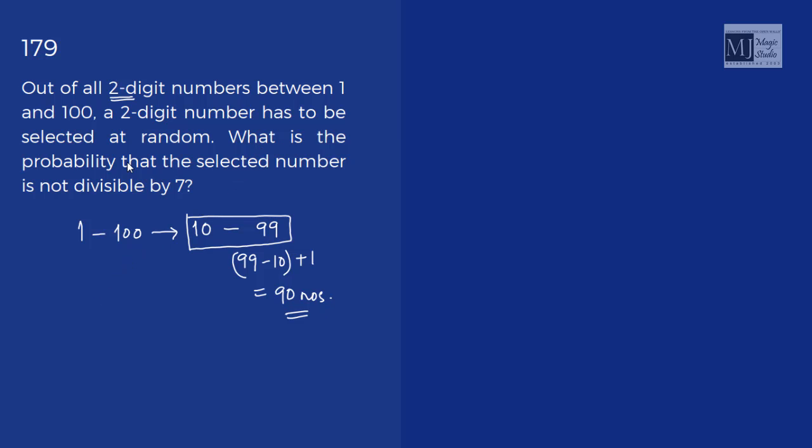What is the probability that the selected number is not divisible by 7? Now if I take 10 to 99, how many numbers are divisible by 7? We have 14, 21 till 98. From 14, 21 till 98.